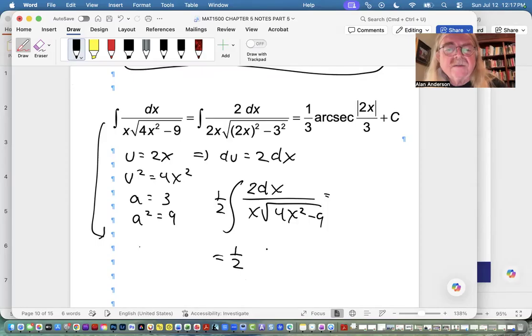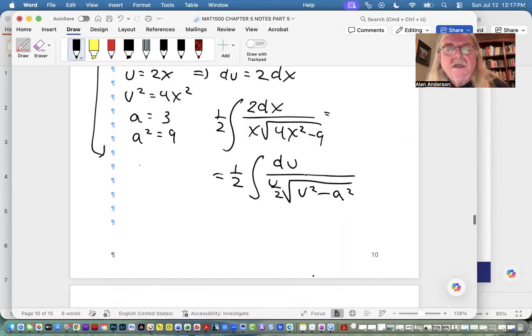We may have to try it again, but here we have du. This is actually u over 2. And then this is now u squared minus a squared. And then I've got this 2 here. Dividing by 2 in the denominator is the same as multiplying by 2 in the numerator.